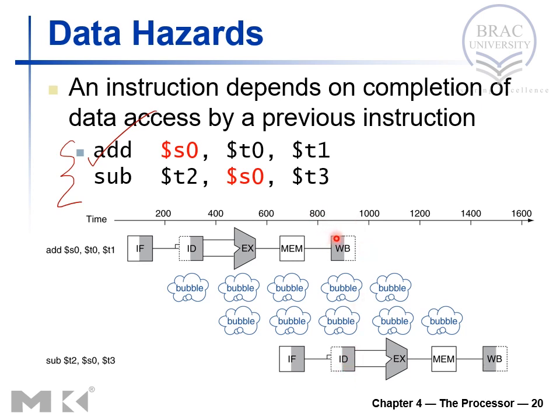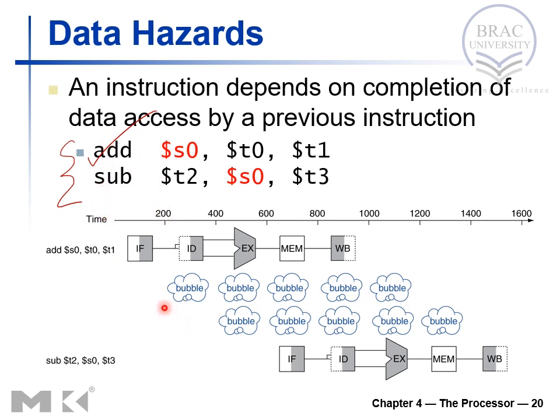The write operation is already done in the first half of the clock cycle, so the read operation can be performed in the second half of the clock cycle. So just by introducing these two bubbles, we could perform the execution of these two instructions.